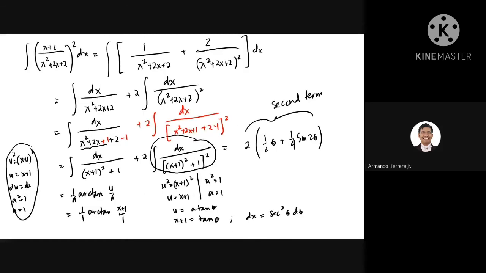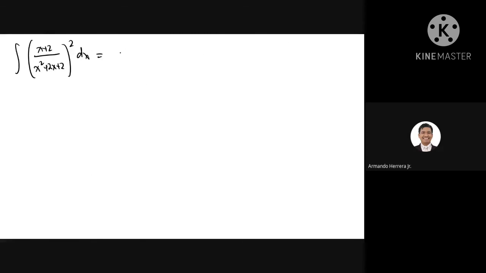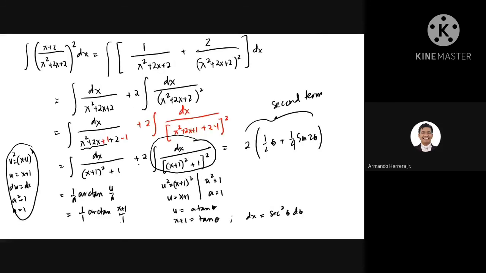So, the integral of x plus 2 over x squared plus 2x plus 2 squared dx is now equal to our first term, 1 over 1, which is 1. Arctangent of x plus 1 over 1 is arctangent x plus 1. So, that's our first term. Then, our second term is plus 2 times 1/2.